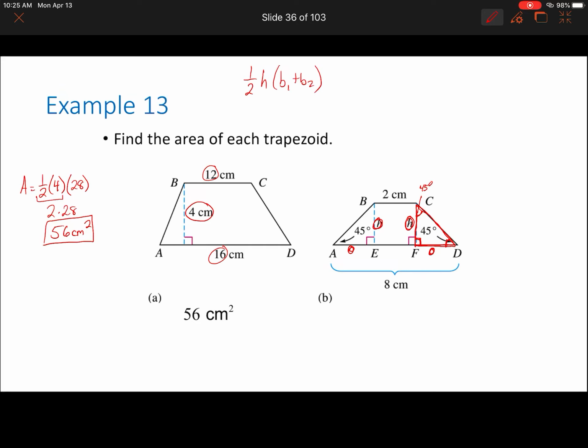So if I have these two sides that are the same, and I know that it's a parallelogram because of that, and I know that it has a right angle, then this must be a square.